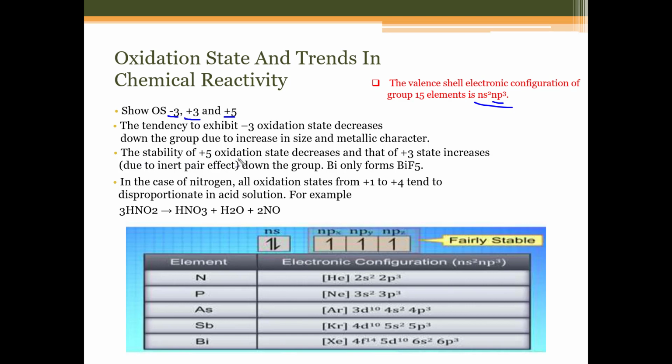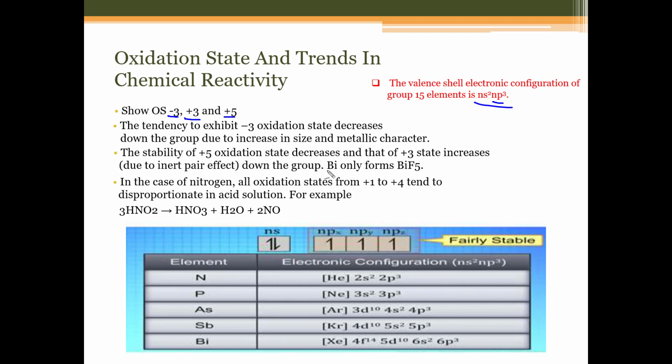The stability of the +5 oxidation state decreases, and that of the +3 state increases, due to the inert pair effect down the group. That means the stability of the higher oxidation state, that is +5, decreases down the group, and the stability of the lower oxidation state, that is +3, increases down the group.